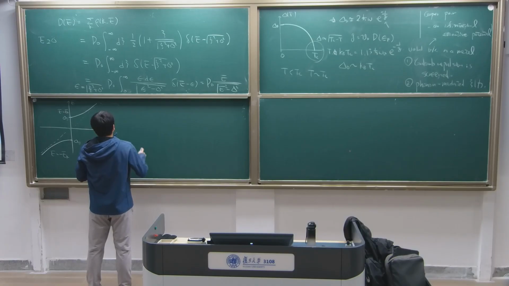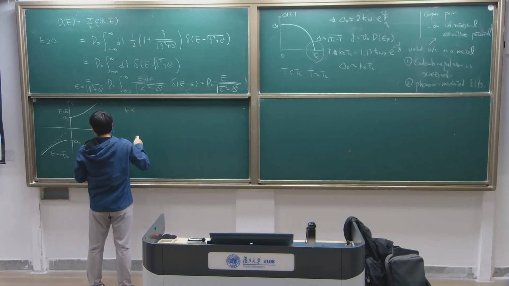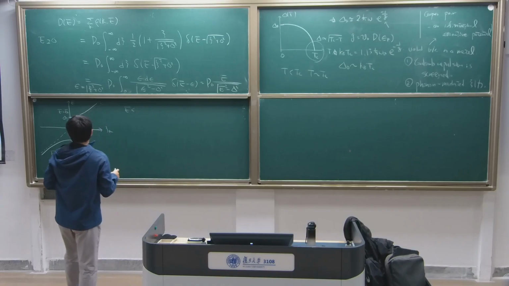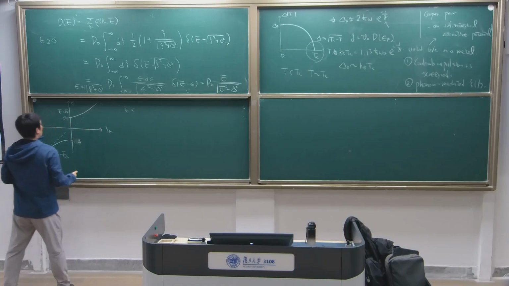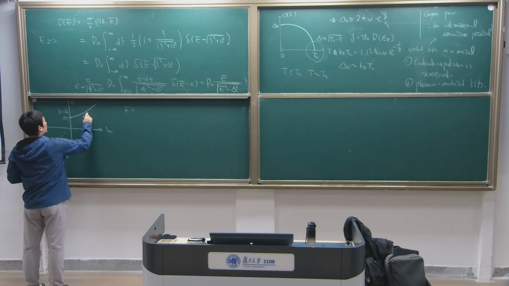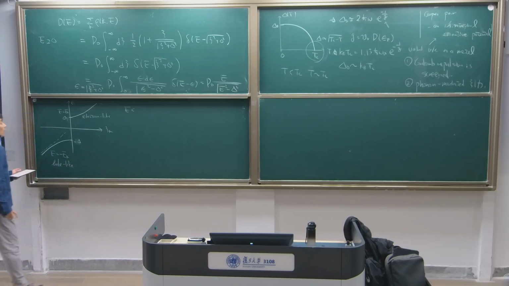Okay. And if you consider E is less than, so this is minus. So this is electron-like excitation. This is hole-like excitation.